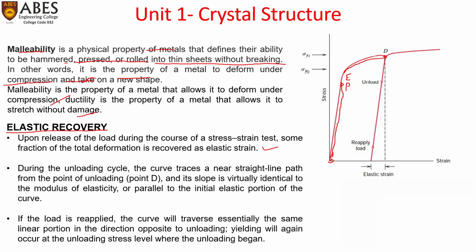Before this, if we remove the load, the body will return to the condition where stress and strain are 0, and the material will come back to its original shape. After P it is not linear, but still the material will come back to its original shape till the elastic point.